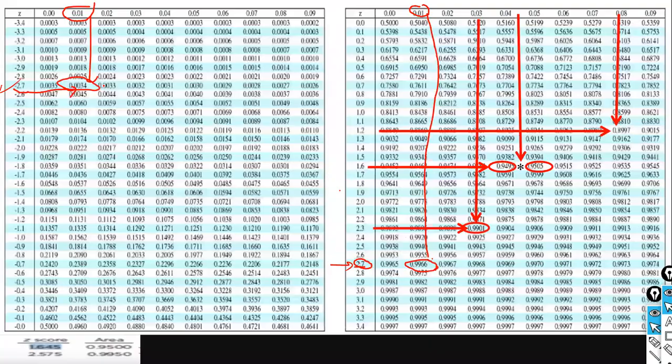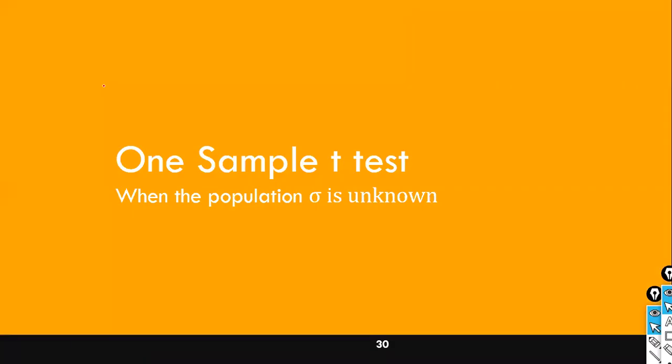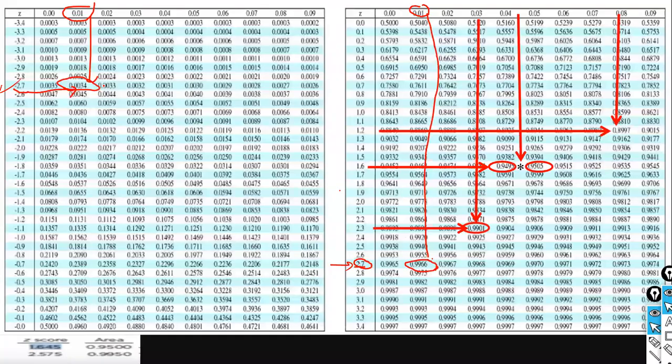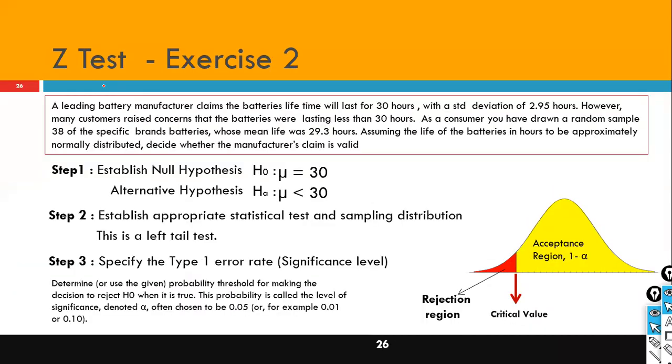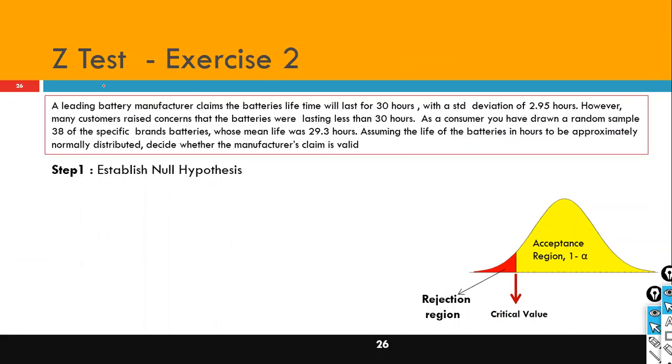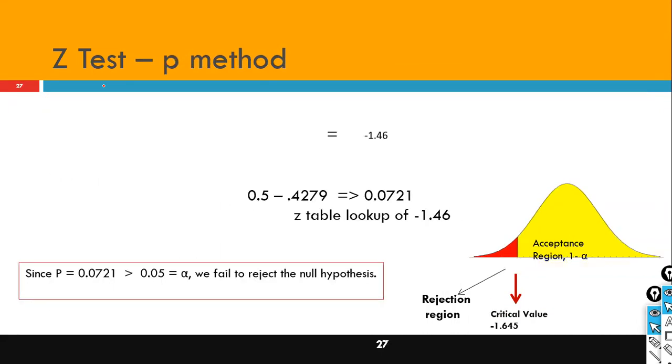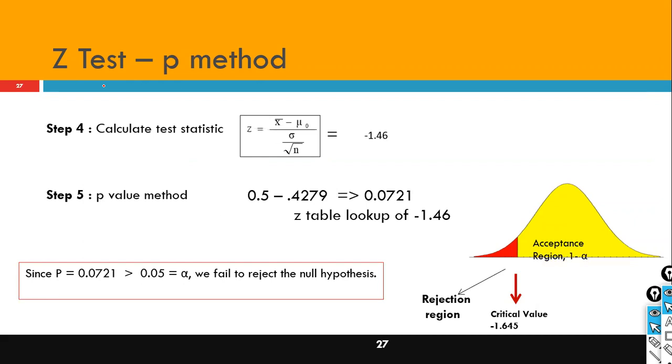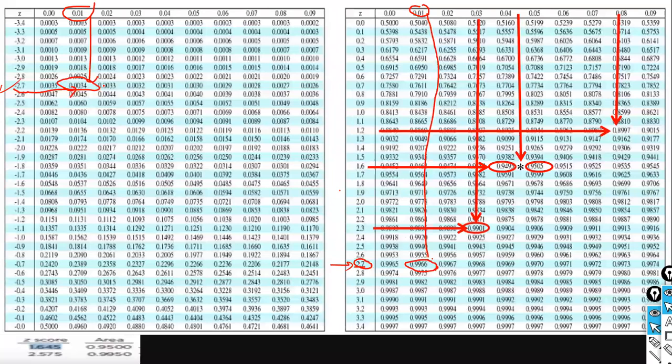One second, let me check, what is the value? Sorry, the z value is minus 1.46.